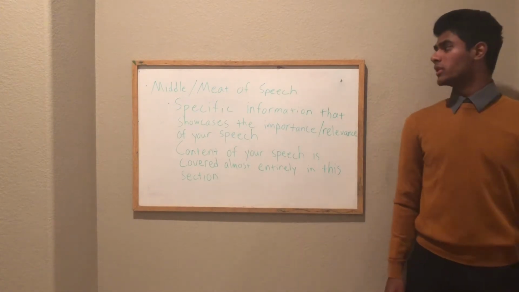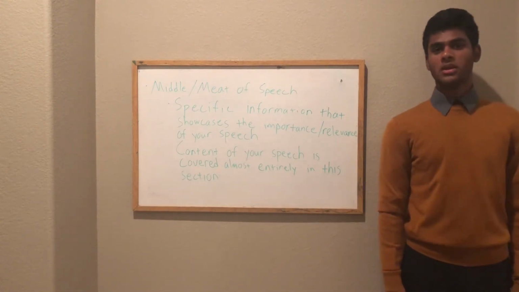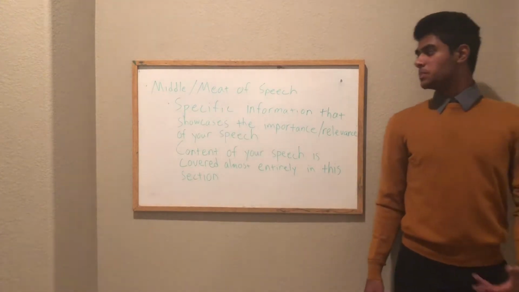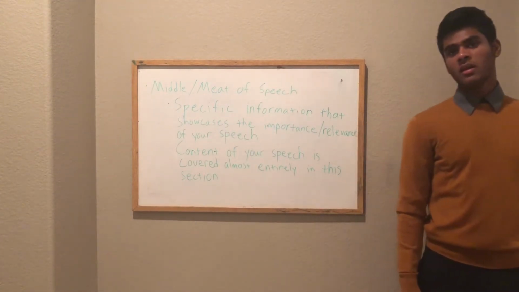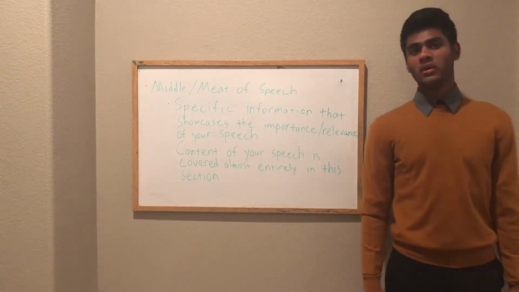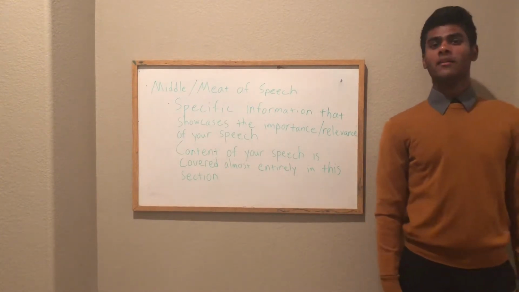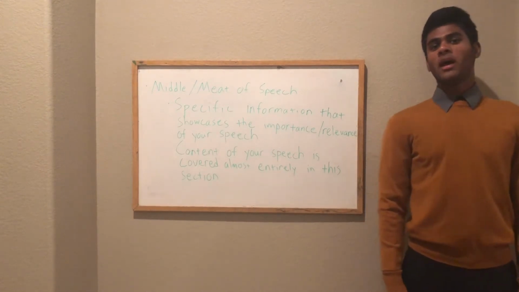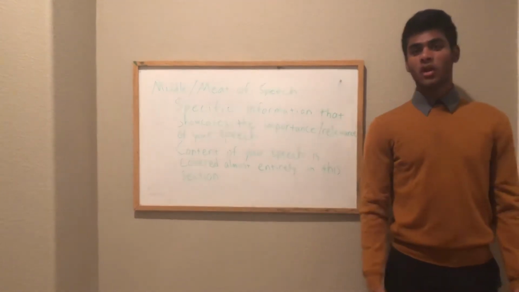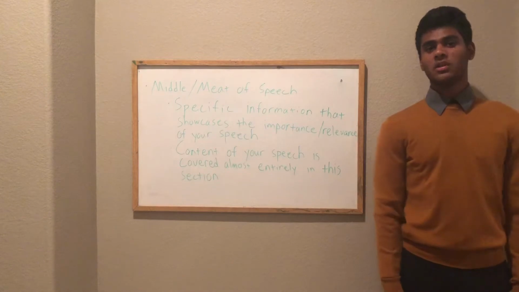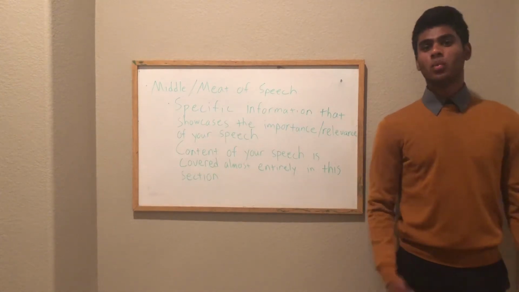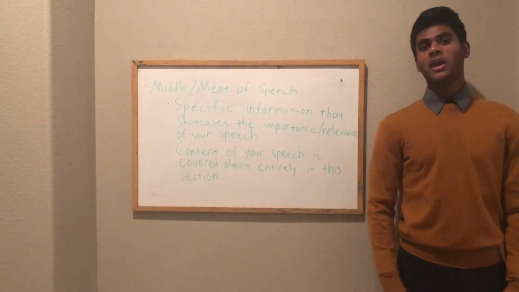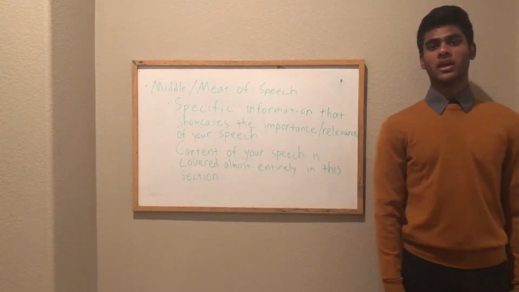Okay, so a couple more things for the middle or the meat of your speech, right? This is the portion of the speech in which the specific information that showcases the importance and relevance of the topic you're speaking on is covered. So remember, I told you that in the introduction, you're answering the question about why it's worth it for the audience to spend their time, energy, and effort to listen to what you're saying.